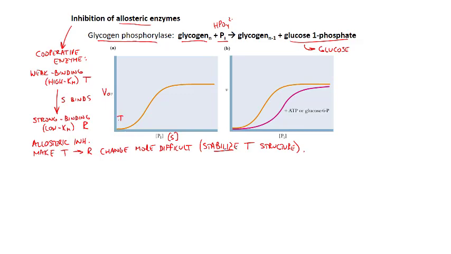Down here, we're mostly in the T structure, but eventually we switch over to the R. And what you'll notice is that ATP allosterically inhibits this enzyme, by making it so that you have to have more substrate bound for the T to R shift to occur.